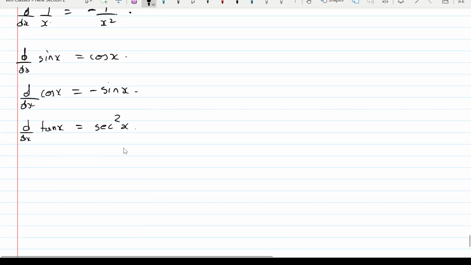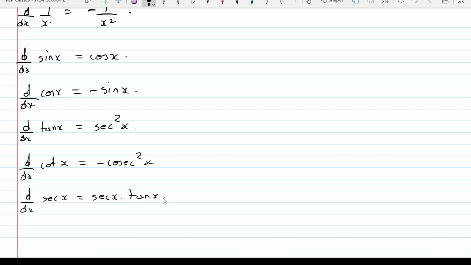Then d by dx of cot x is equal to minus cosec square x. D by dx of sec x is sec x into tan x. D by dx of cosec x is equal to minus cosec x cot x.